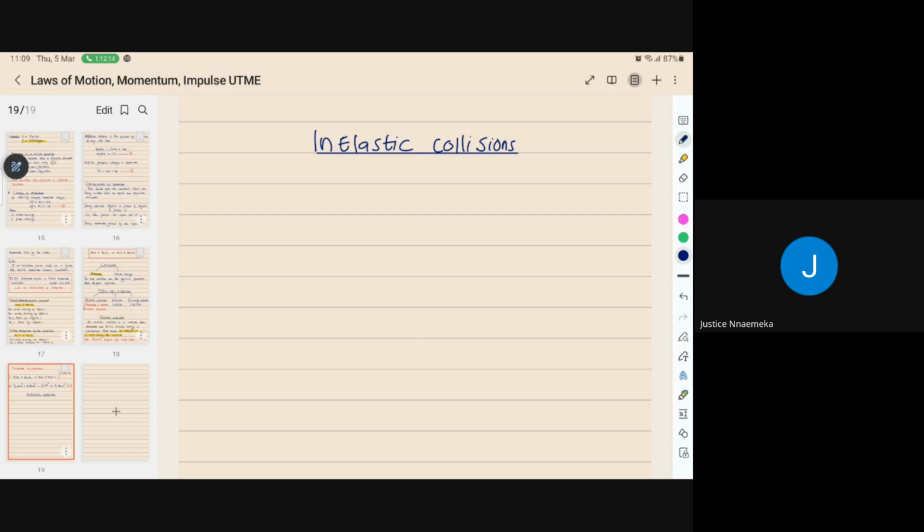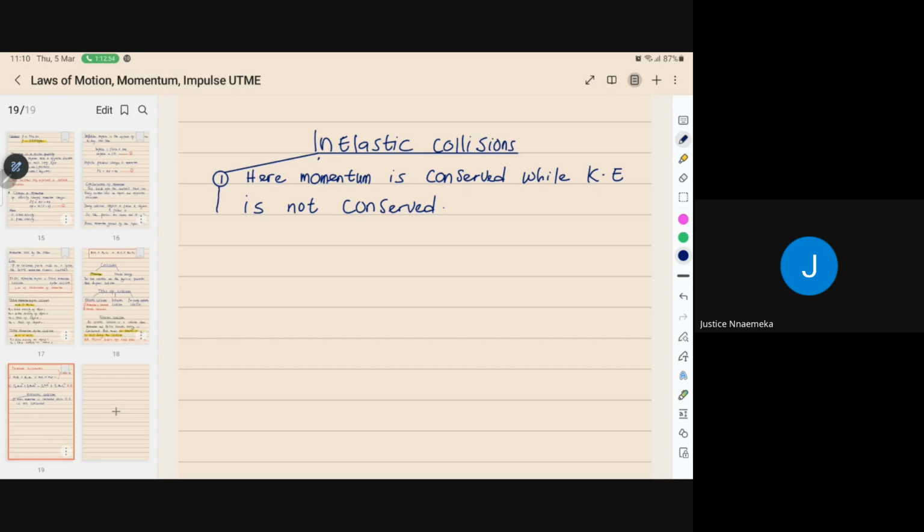So what are the key things I want you to remember for your inelastic? Number one, momentum is conserved, while kinetic energy is not conserved.